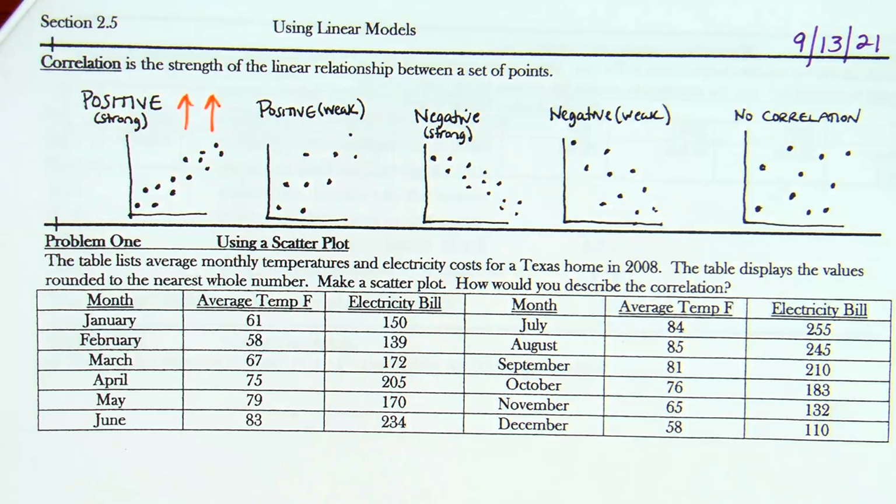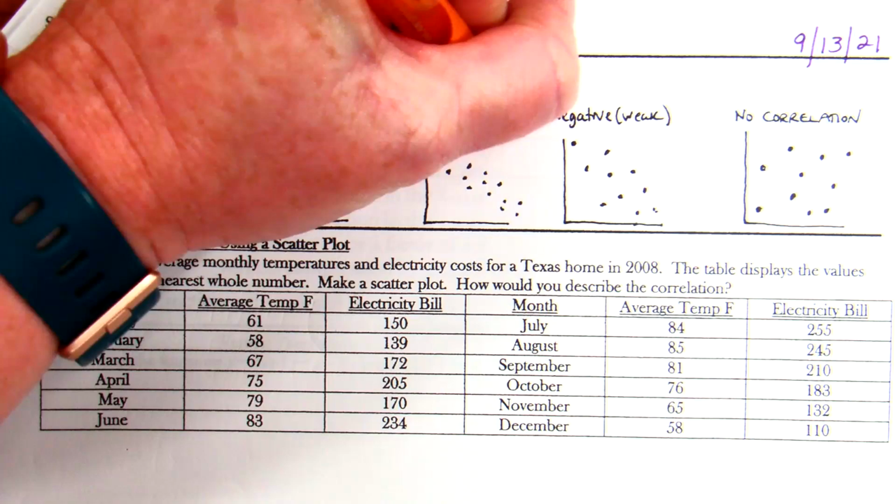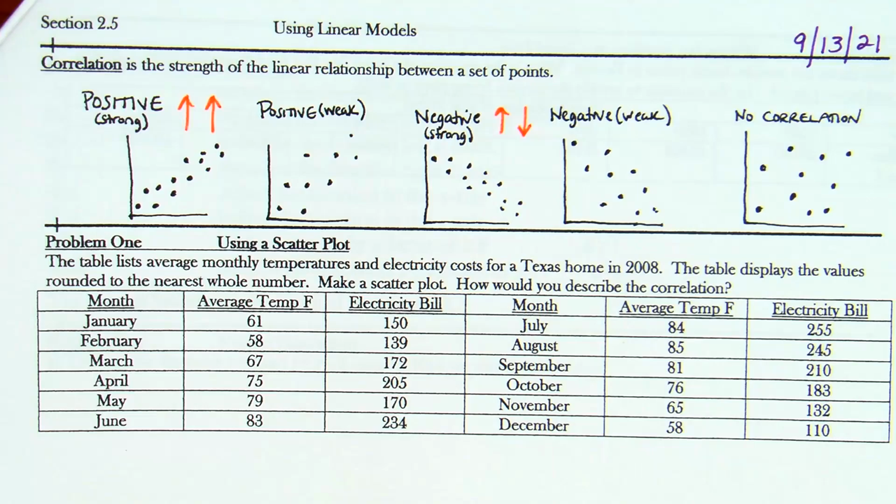Which really says is as my x values are increasing, my y's are decreasing. And so what really happens with a negative correlation is I've got one item moving up and one item moving down. Does that make sense? So a negative correlation has 2 different directions happening.